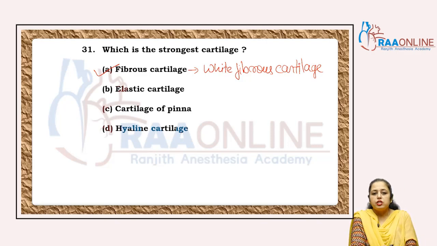Thick bundles of collagen fibers run parallel with the fibroblast cells, and if collagen fibers are present in maximum amount in thick bundles, they provide maximum strength. That's why white fibrous cartilage has great tensile strength. It is present in the intervertebral disc and helps at the time of parturition. So this is the strongest cartilage.